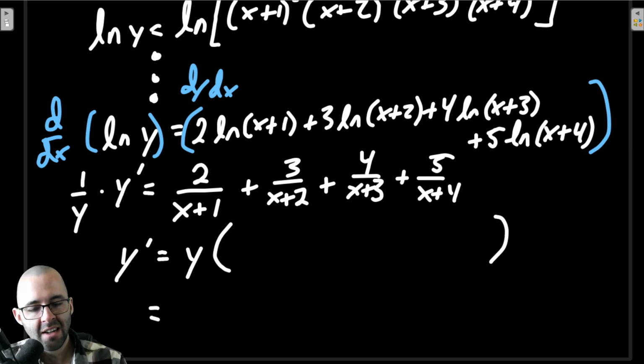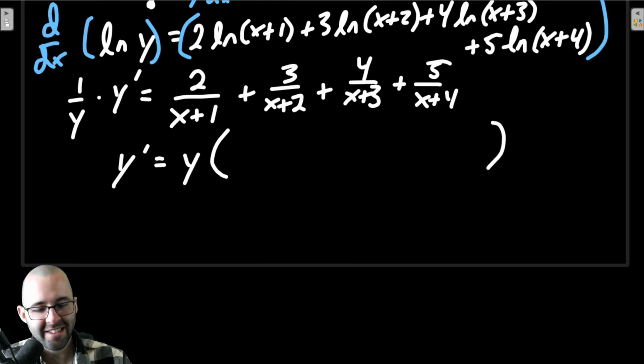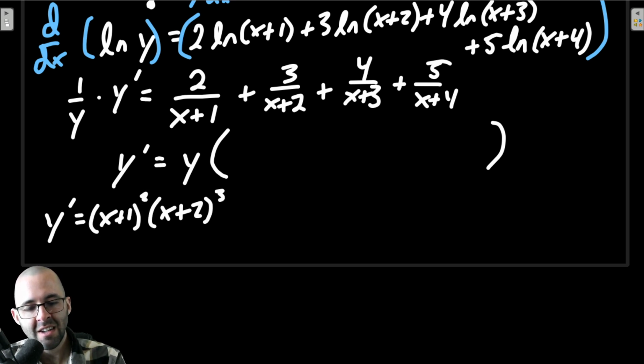And again, what is y? Y is really ugly. So this is where it's not perfect. It's going to be y times all of this stuff. And we have to write down what y is. So at the very end of the day, we're going to get y prime is equal to y, which you'll remember was (x+1)^2 times (x+2)^3 times (x+3)^4 times (x+4)^5.